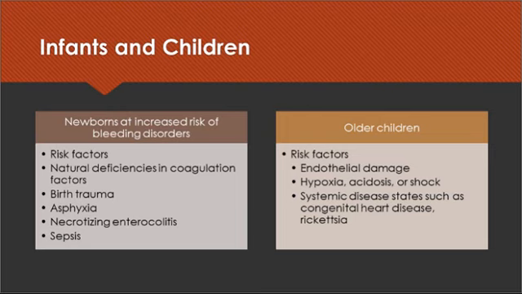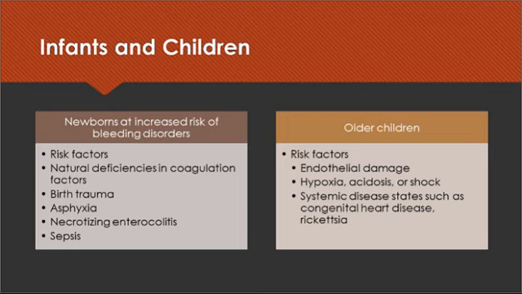Newborns are at greater risk due to their natural deficiencies when they're first born. They can have blood oozing from the umbilicus or around their circumcision. Look for birth-related bruising or others, and distinguish between birth-related bruising and bruising with no explanation.